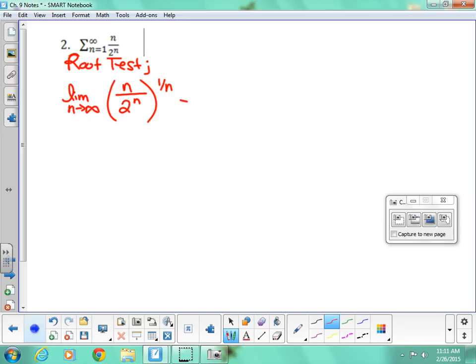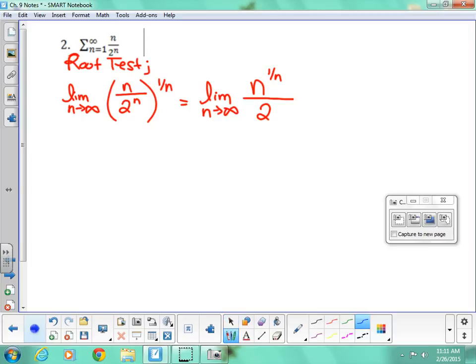Yeah, so then I can do this, right? Because I can raise it to 1 over n, not adding, not subtracting, dividing, legal. And then 2 to the n times 1 over n, so it goes away. And then remember what we did yesterday?